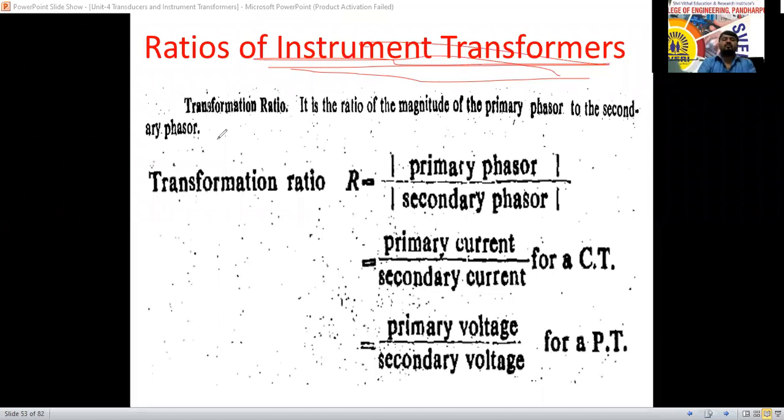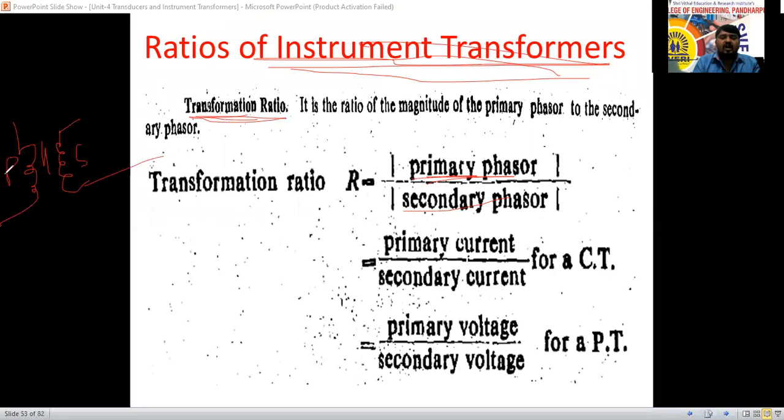The first one we are going to discuss is called the transformation ratio. The transformation ratio is nothing but the ratio of the magnitude of the primary phasor to the secondary phasor. We are using two windings, primary and secondary winding.